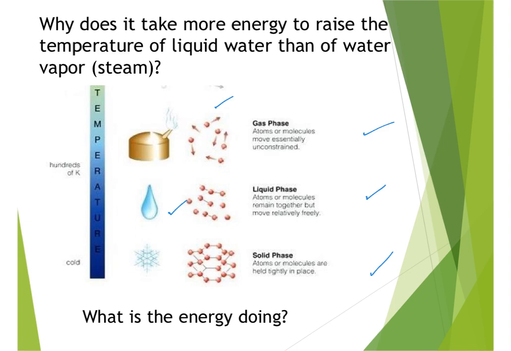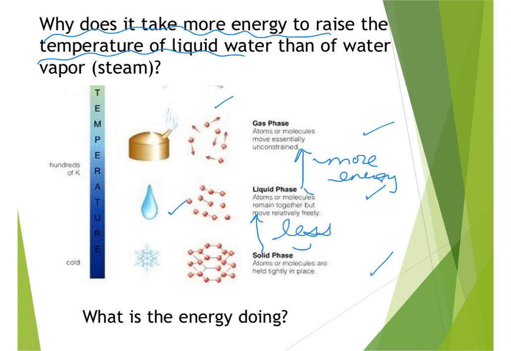The question asks why it takes more energy to go from a liquid to a gas than from a solid to liquid, in other words, melting. It's not just water, that's most substances, if not all of them. Melting takes quite a bit less energy than boiling. I want you to think and see what you would come up with in trying to explain that.